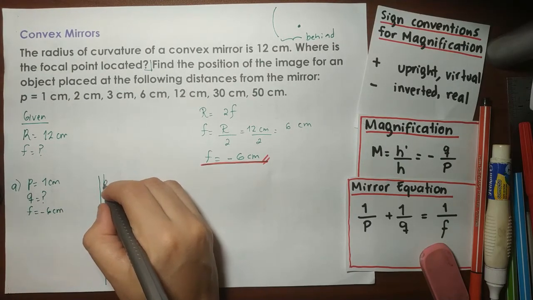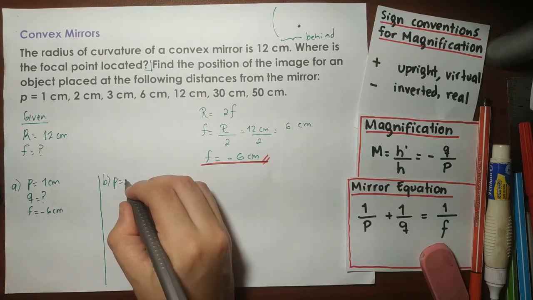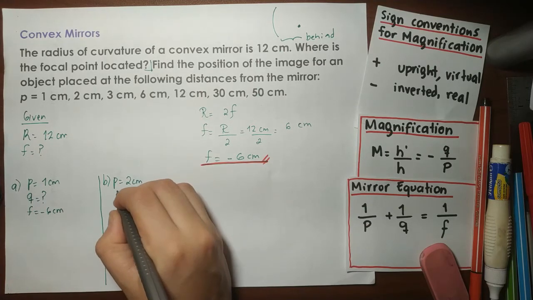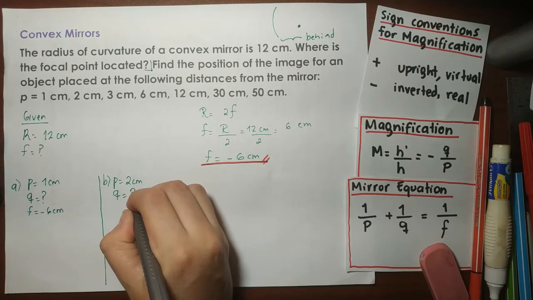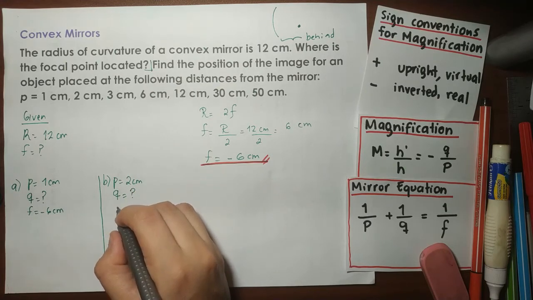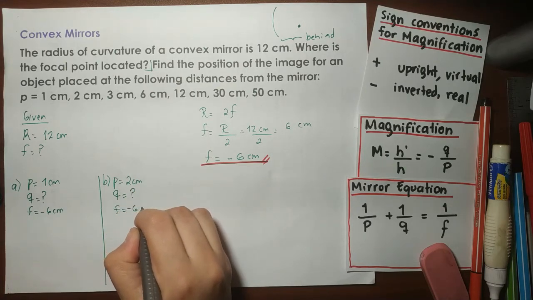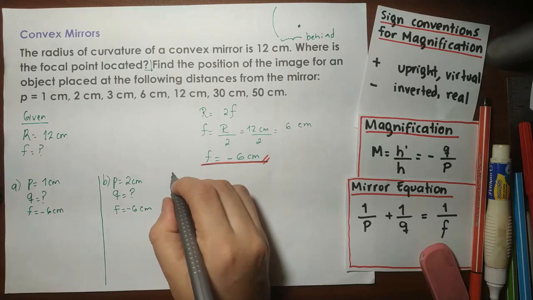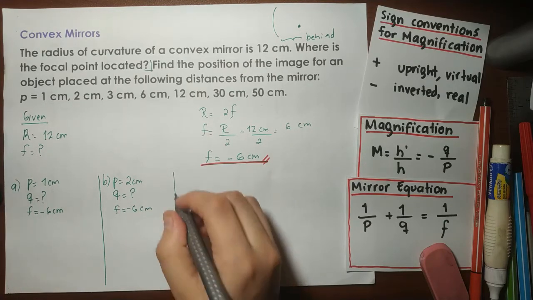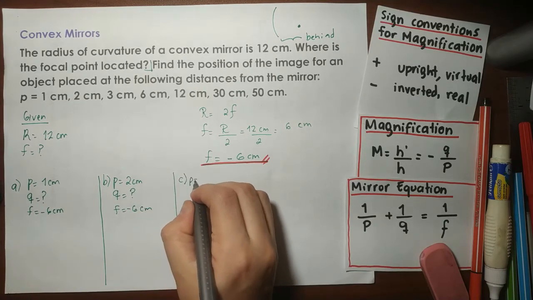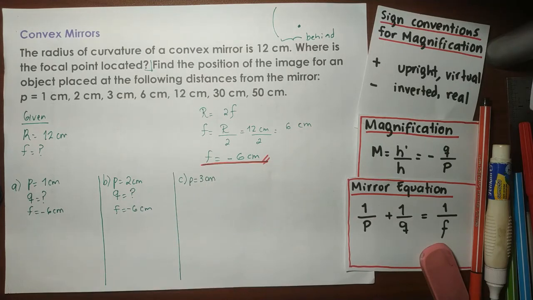In part B, I have P equals 2 centimeters, Q unknown, and my focal length is the same because we're talking about the same mirror.